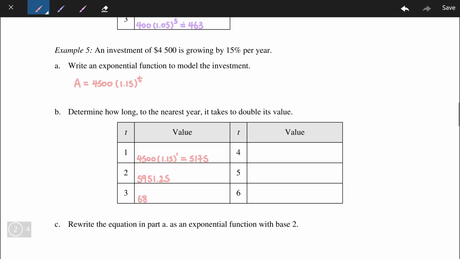So 6,843.94. And then from there, $7,870.53 in the 4th year. And finally, on the 5th year, we finally reached 9,000, which of course is double the value from initially what we had. So $9,051.11. So that is to say, on the 5th year, the money doubles.